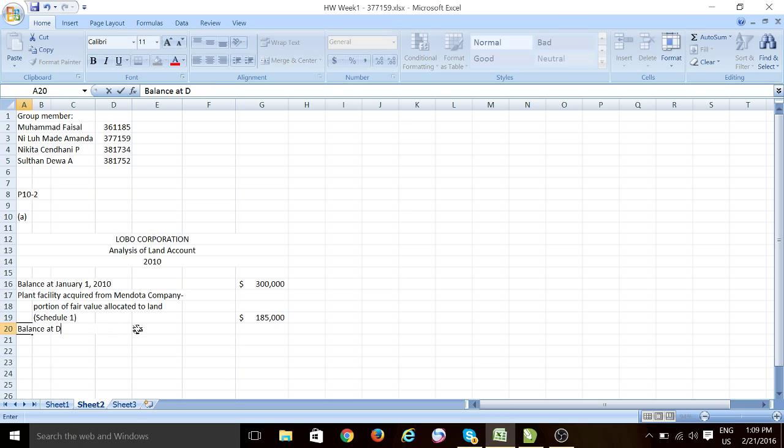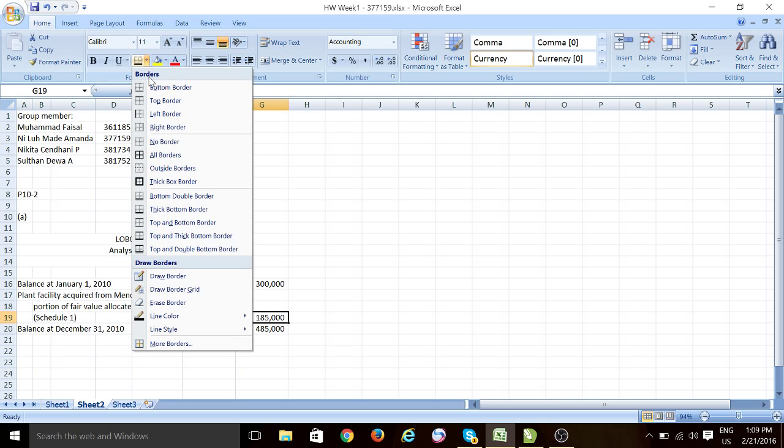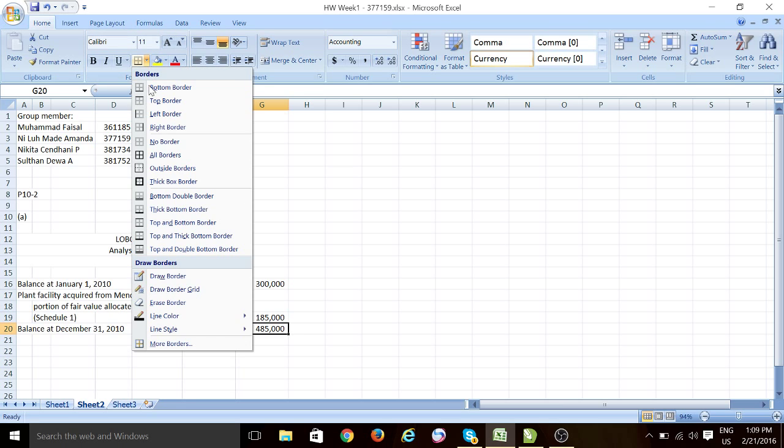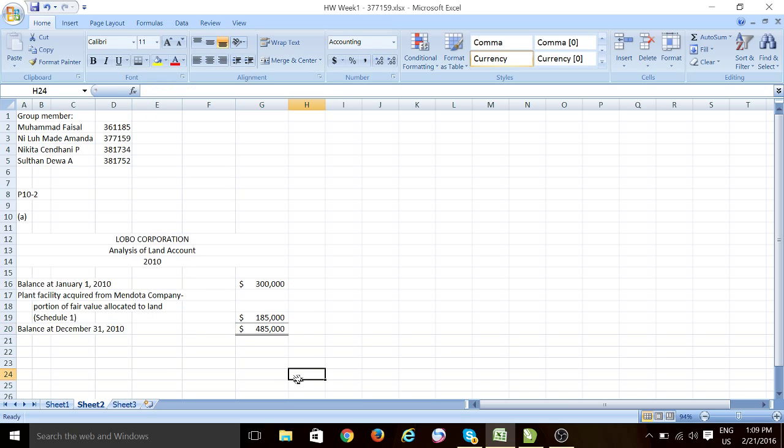The balance at December 31st, 2010 is the sum of the beginning balance and the transactions that affect the land, which is $485,000. Okay, so that's the analysis of land account.